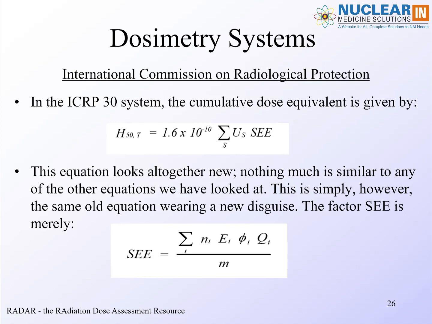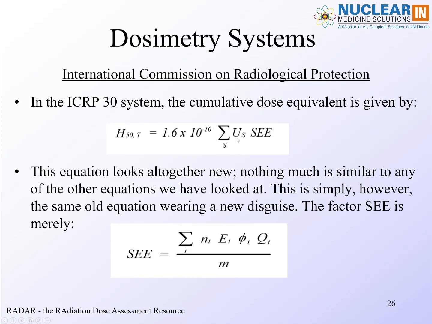We're not doing the old system. Here's a new system. H50T equals 1.6 times 10 to the minus 10 U sub S times SEE. That doesn't look anything like ICRP2, does it? It's the same thing. 1.6 10 to the minus 10 is K.